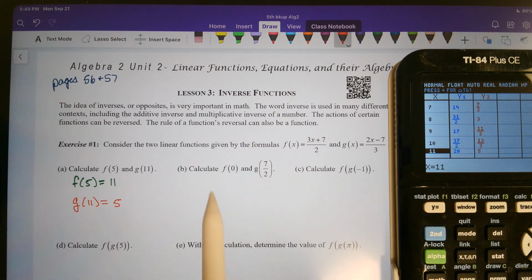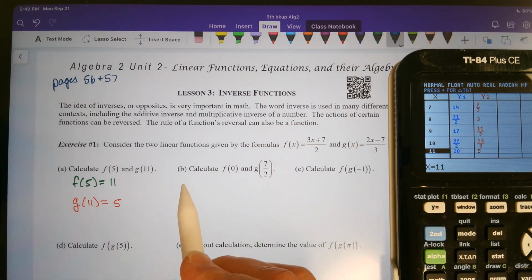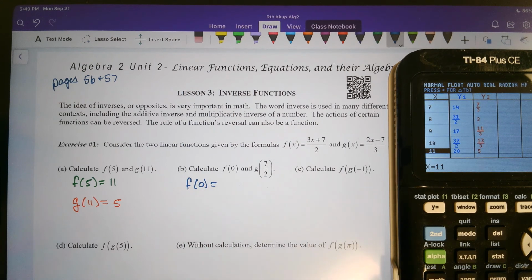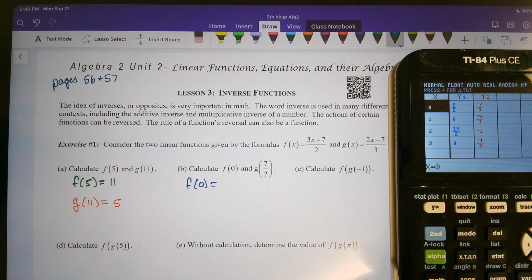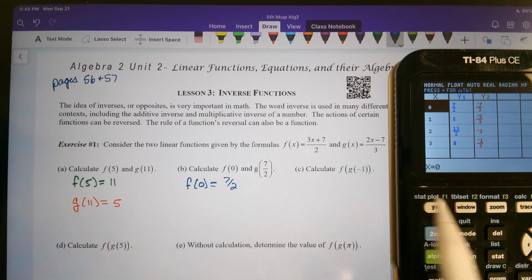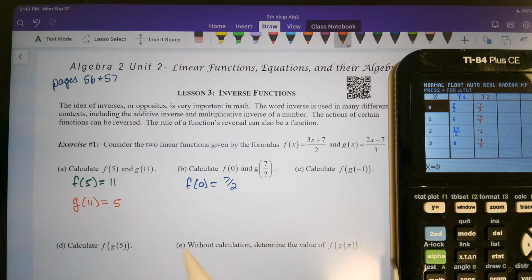Calculate f of 0. I'll switch to blue. F of 0 equals 7/2, and calculate g of 7/2.